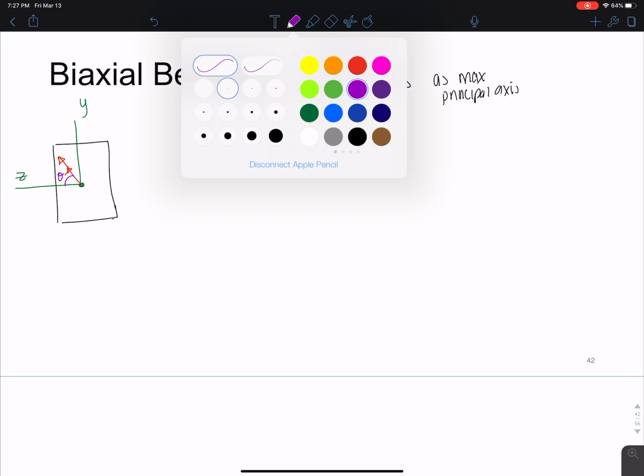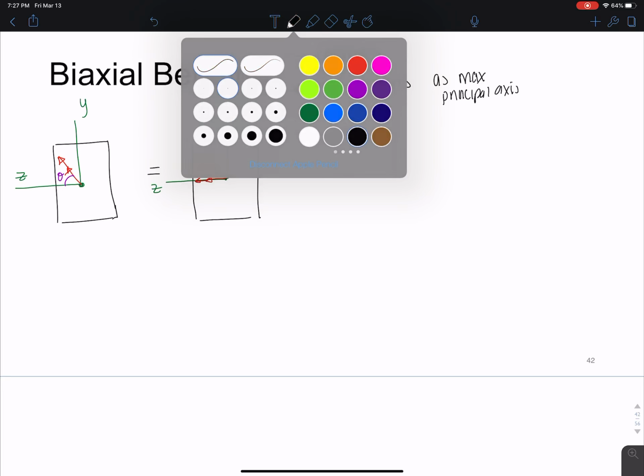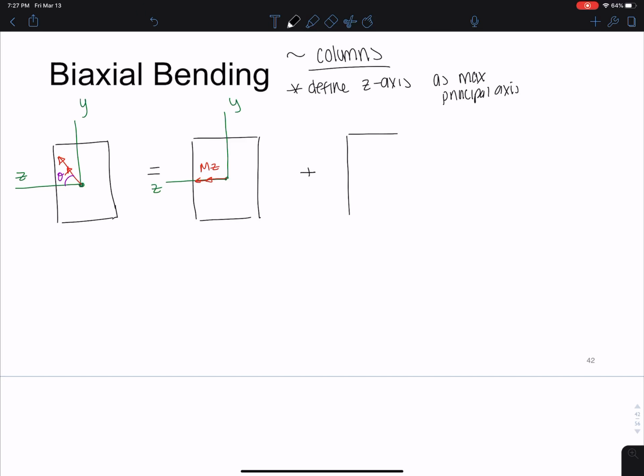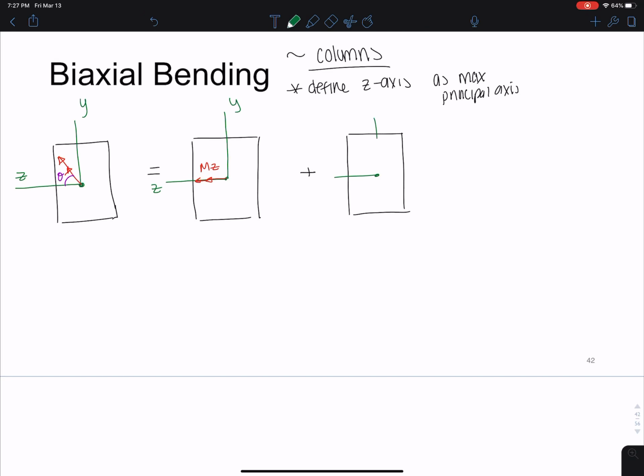Okay, and I can actually say now this is just equal to a component Mz plus a component My, right?